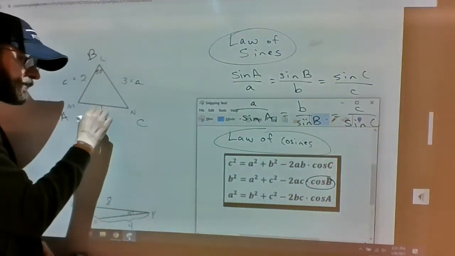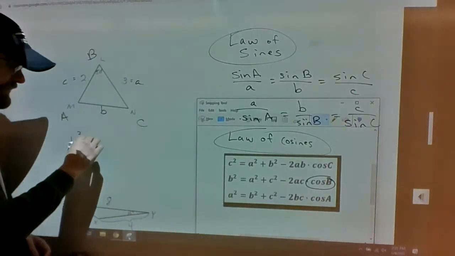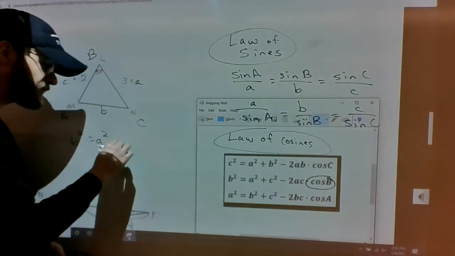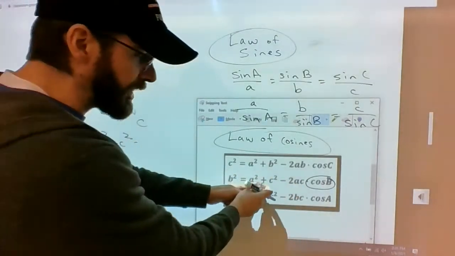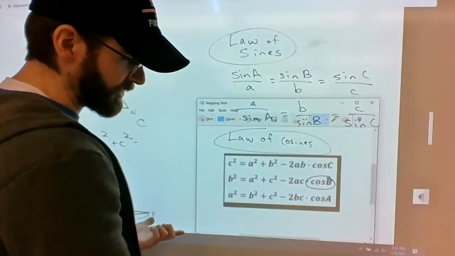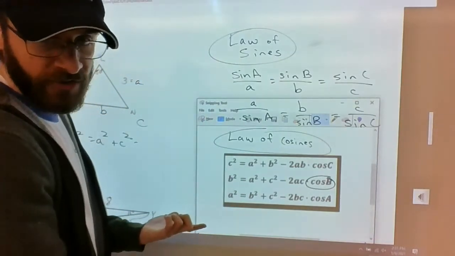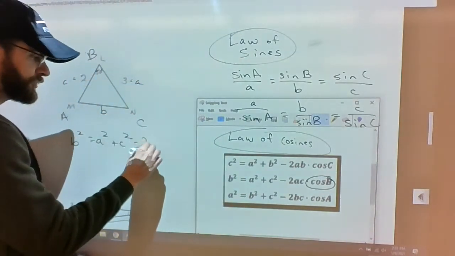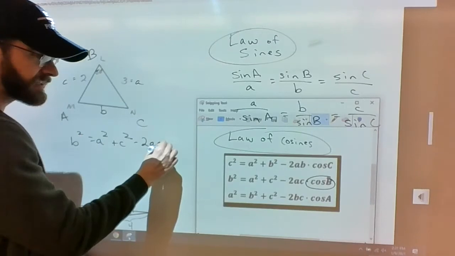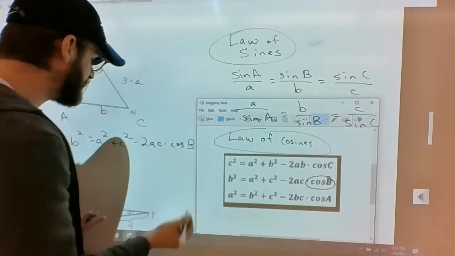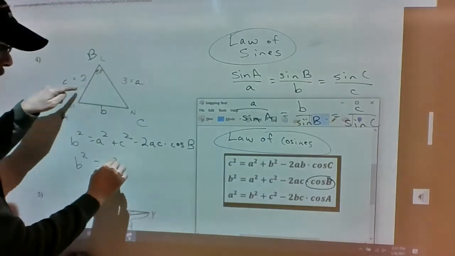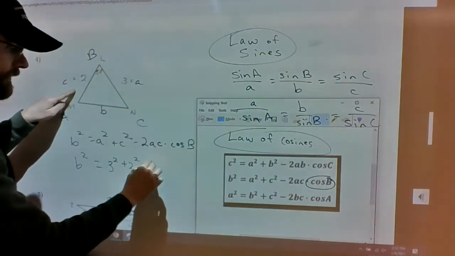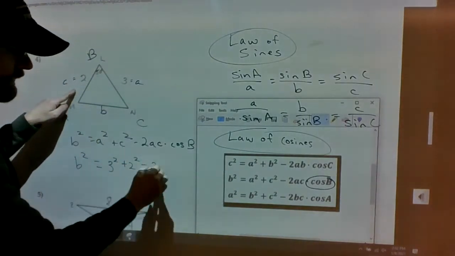So B squared, that's the unknown right now, equals A squared plus C squared. And look, they leave out any trace of the B on the opposite side of the equation, which is exactly what we need in order to solve this thing. So minus 2 times A times C times the cosine of B. You plug in the information you have. A is 3, B is 2, or I'm sorry, C is 2.